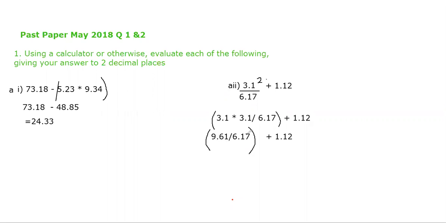So when I did this operation right here, 9.61 divided by the 6.17, I got on the calculator 1.58, right? So I'm putting it to 2 decimal places. Sorry, 1.56. Yes, that's what I get. No, it's equal to 1.56.